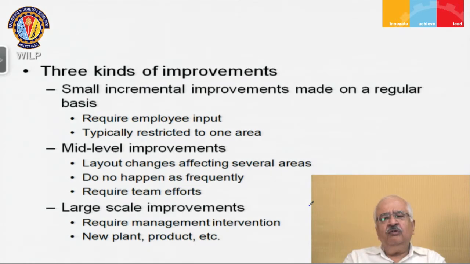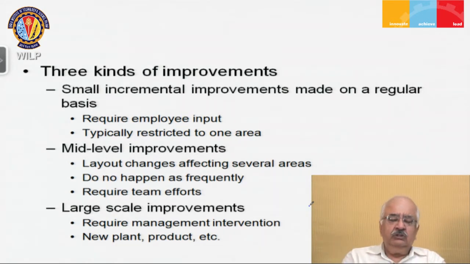Some of these breakthrough improvements could include things like building a new plant, introducing a new product, changing the basic process or the equipment that is used for manufacturing, or changing an entire, let's say, software that might be used in the plant.